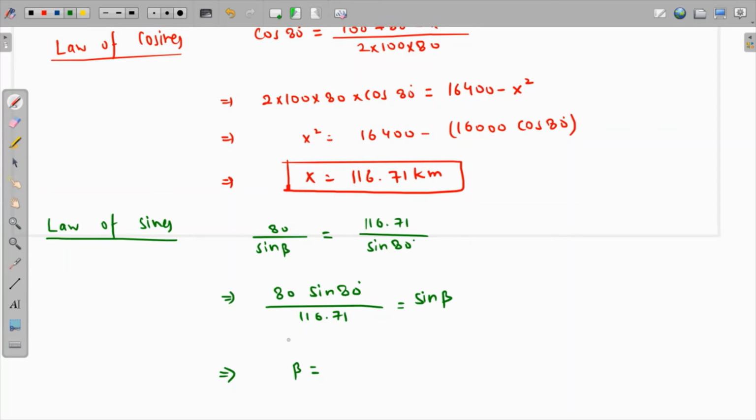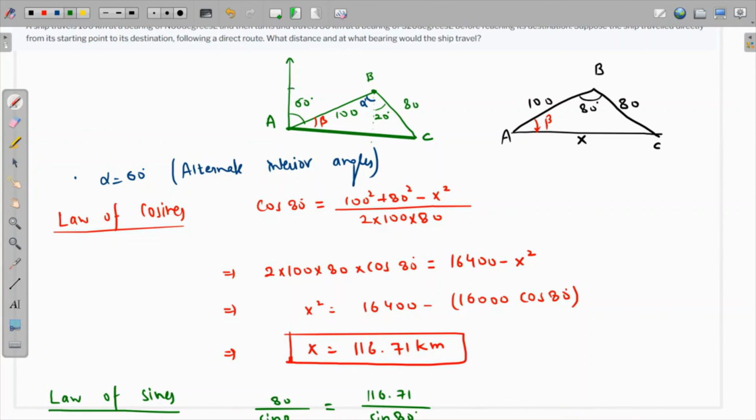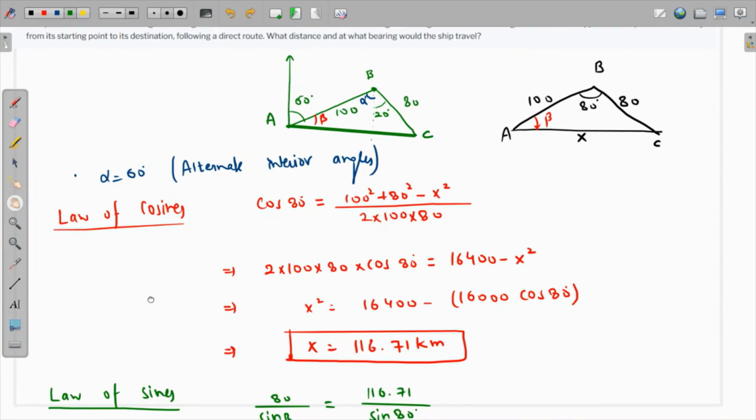And remember that your calculator should be in degree mode, because if we take sine inverse, the answer should be given in degrees. So that is coming as 42.46 degrees. By the way, we are not really interested in beta, but we are interested in the bearing. So from the north, the total angle is going to be 60 plus beta, which is its bearing.